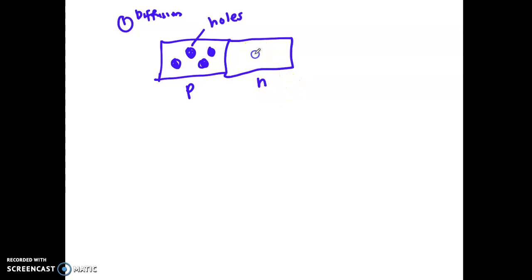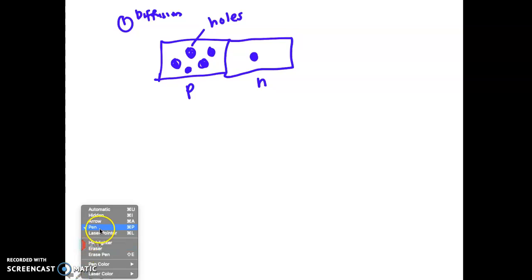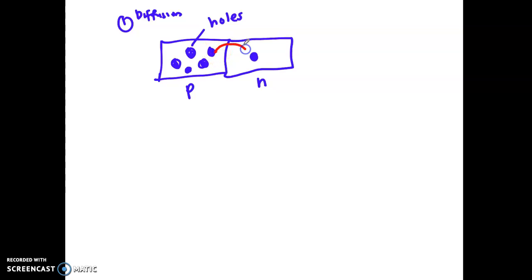The minority carrier is also hole. So let's say here you have a lot of holes, and here is only one hole. What will happen when we have this side by side? The holes here will start to move to the n-type. Why? Because this is high concentration and here is low concentration. So the holes from your p-type will move to the n-type.